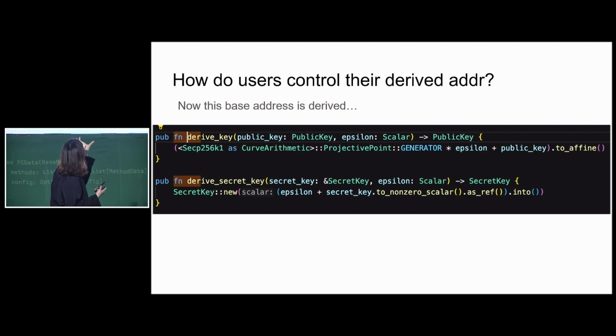What goes into this derived secret key function is the root private key of the system. So if we get the root private key in there, we can get the private key of the derived address. This is very important because it establishes the link between this derived address and the root private key. This explains why the root private key can sign for users.